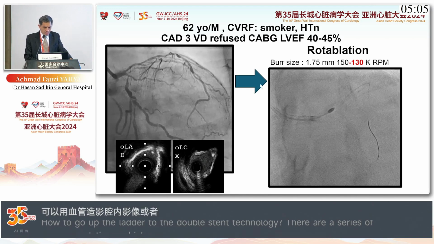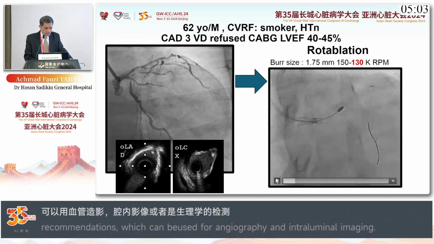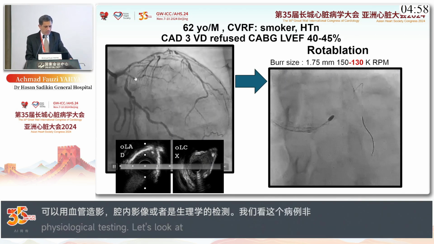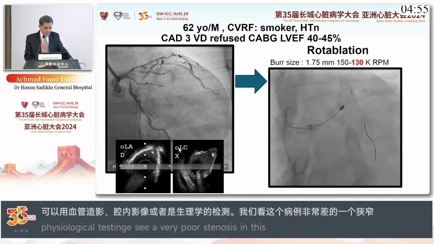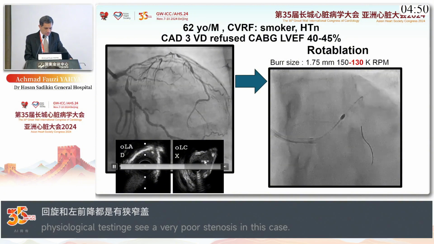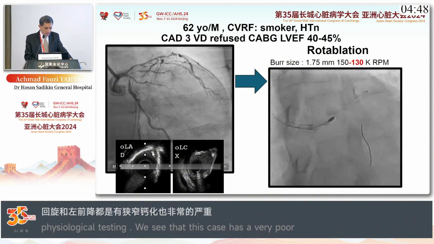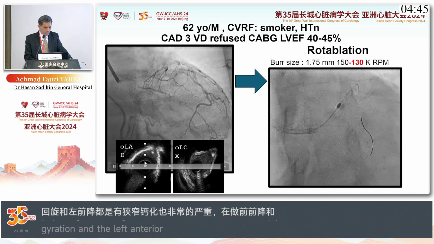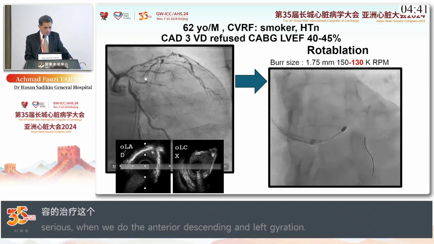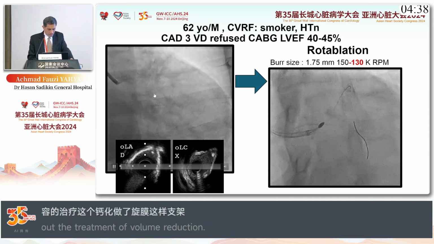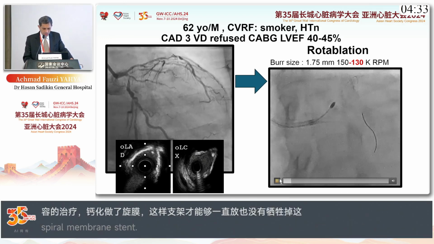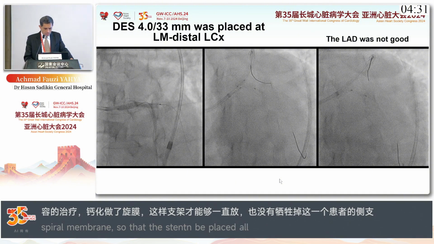Look at this case, which is a very tight stenosis, ostial LAD and ostial circumflex. And there is a calcified ostial LAD, and this is the ostial circumflex. So we have to debulk this calcified lesion, so we can put the stent all the way and it does not compromise the side branch.